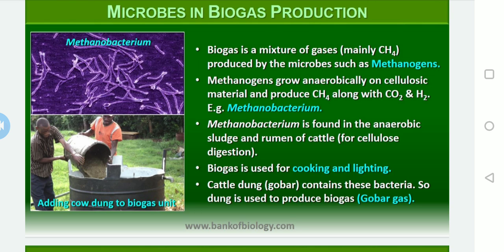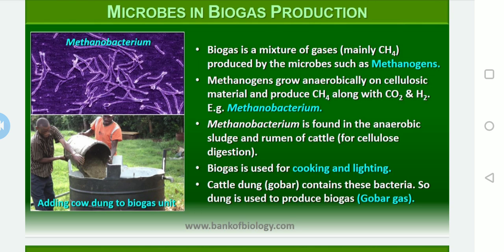One common bacterium you must have heard about from the beginning is Methanobacterium. So the methanogens grow anaerobically on cellulosic material and produce methane along with carbon dioxide and hydrogen sulfide. For example, Methanobacterium.